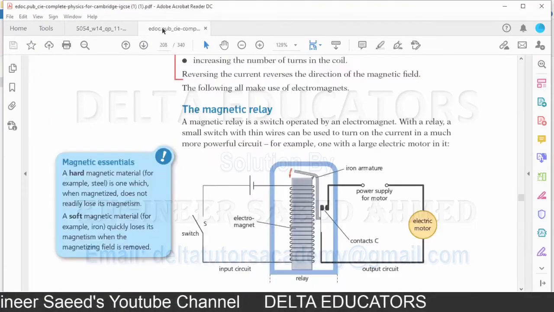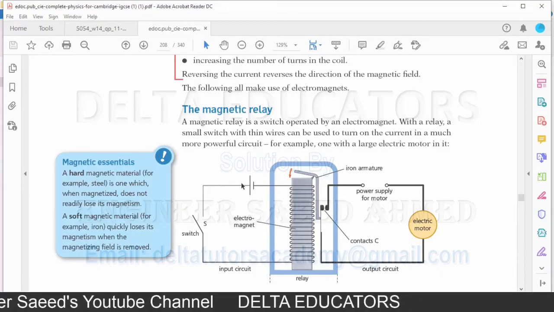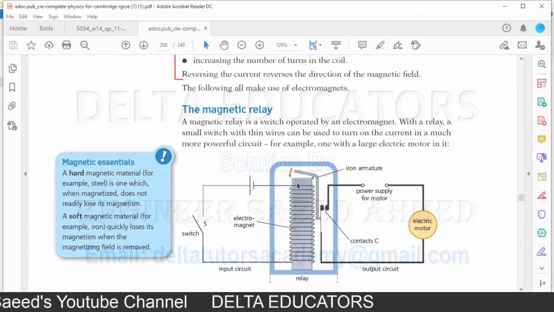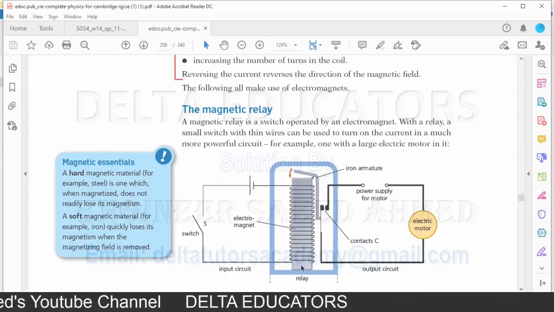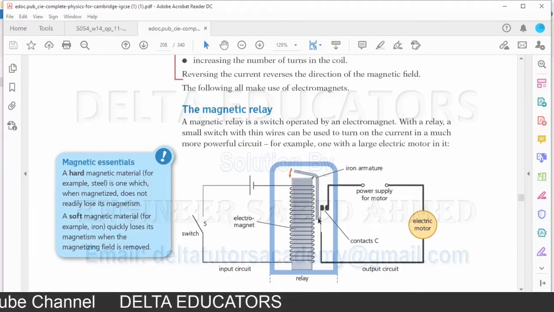How do we do this one? It is a magnetic relay. Here we supply electrical current. It is a soft iron core. When we pass the current, this soft iron core becomes an electromagnet, and it will pull this iron armature down. When it moves down, it moves to the right-hand side and comes in contact with this one.